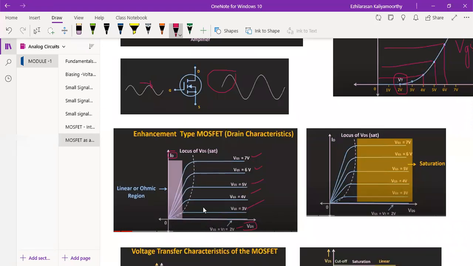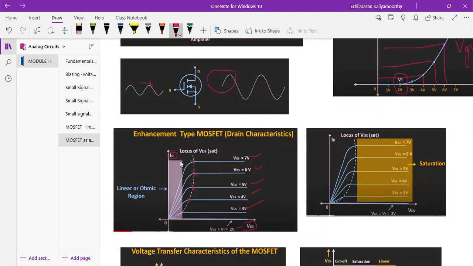You can see how the characteristic curve has come. See, this is the point. We can see after this, the current goes constant. Until then, as VDS increases, up to here for VGS of 3 volt, no problem, the current ID keeps increasing. After that, the ID will be constant.